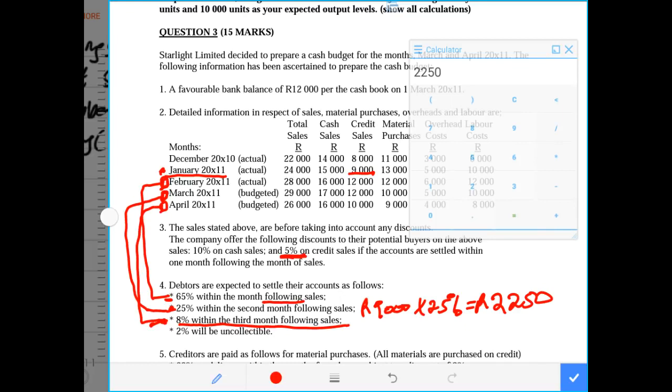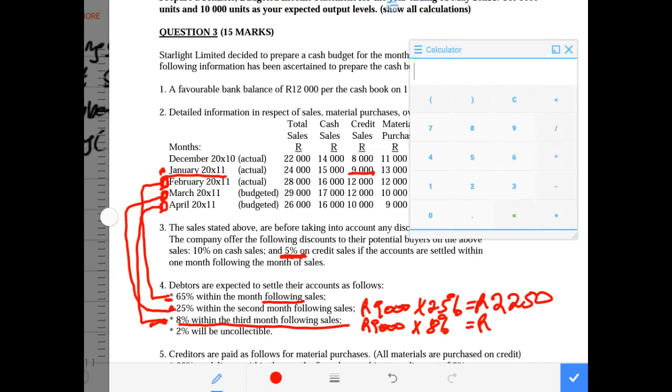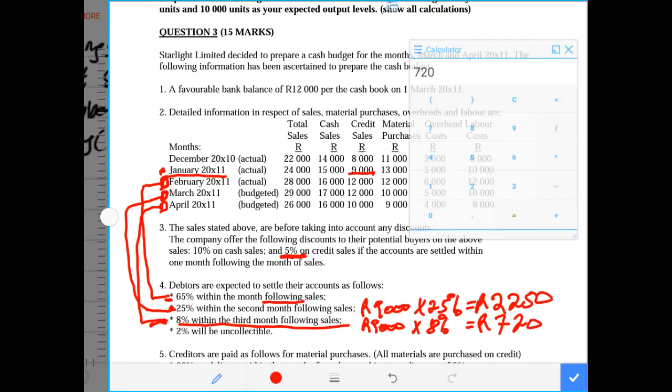So the 9,000 once again times 8% gives us the collection from our debtors in the month of April. We times 9,000 by 8%, then it gives us 720, which is the collection in the month of April. And we are doing a budget for April and for March. This is March, this is April.